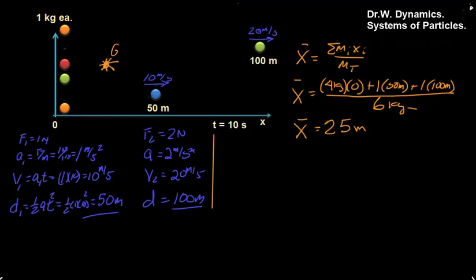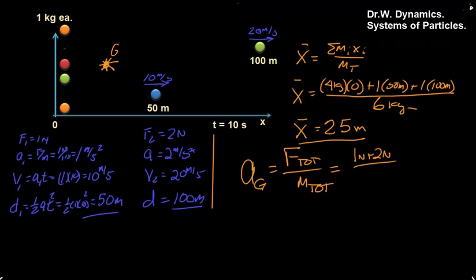And from that, we can check that location by finding the acceleration of the system as F total on M total instead of doing the individuals. We have a total force of 1 Newton plus 2 Newtons over a total mass of 6 kilograms, which would be 3/6 or 1/2 a meter per second squared.